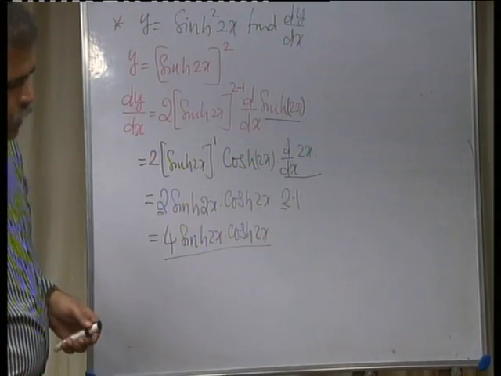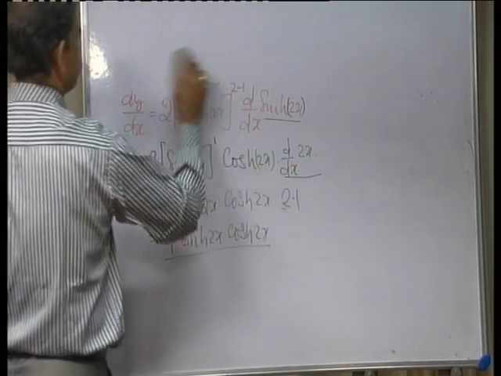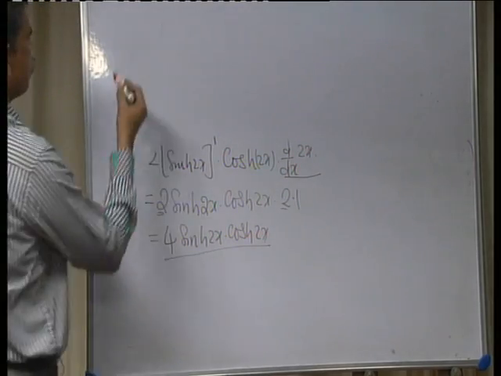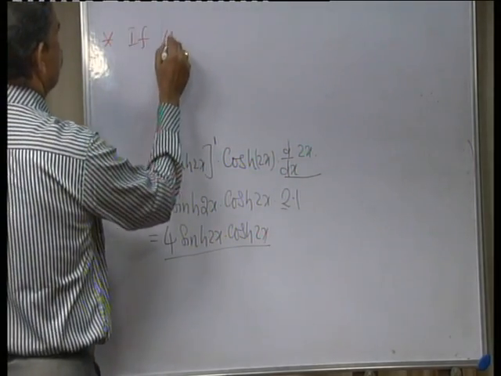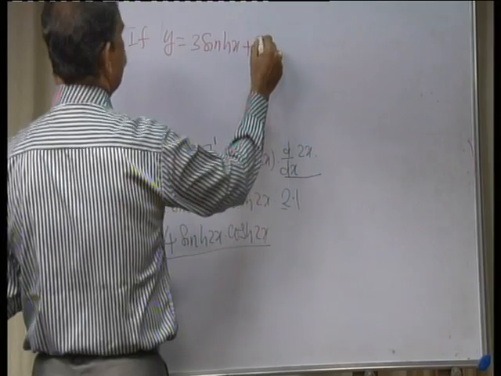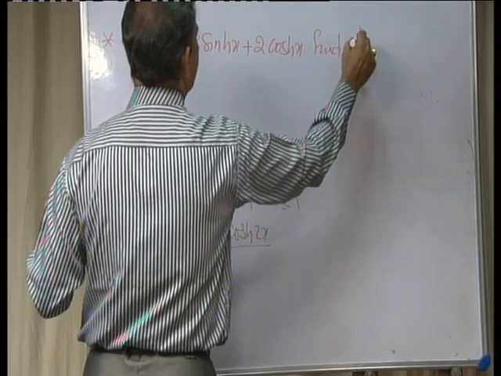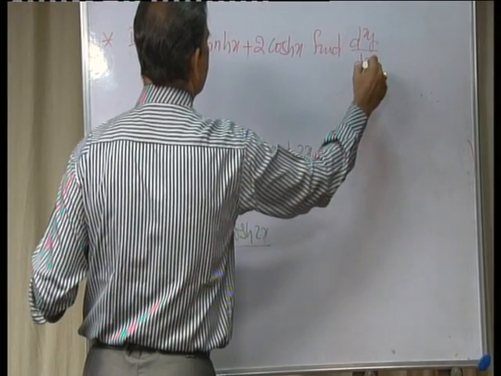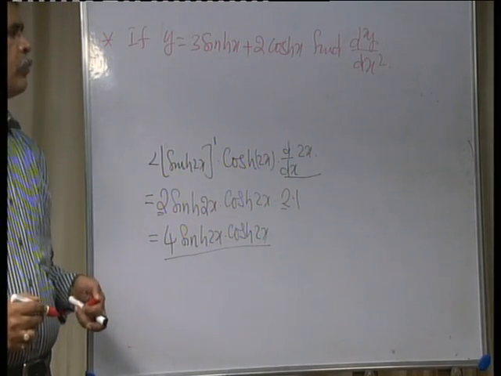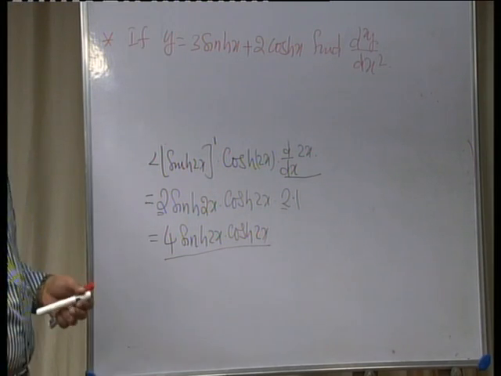You take the next example. If y is equal to 3 sinh x plus 2 cosh x, find d square y by dx square.